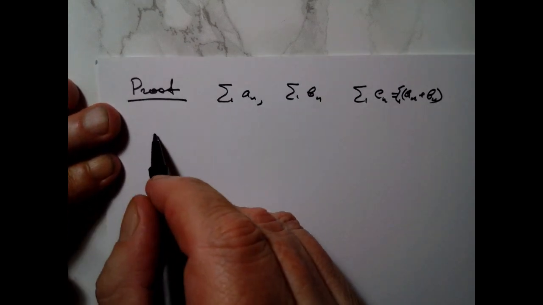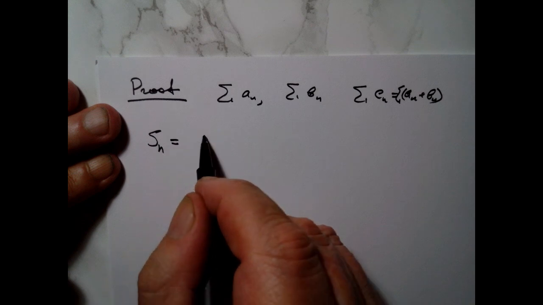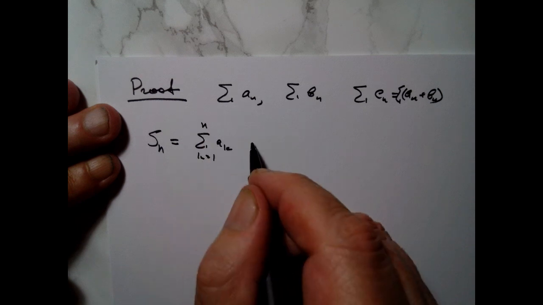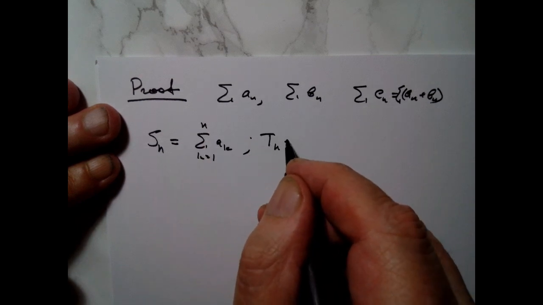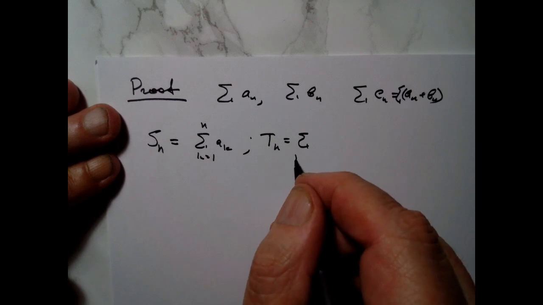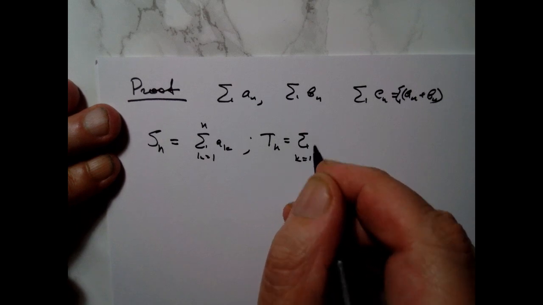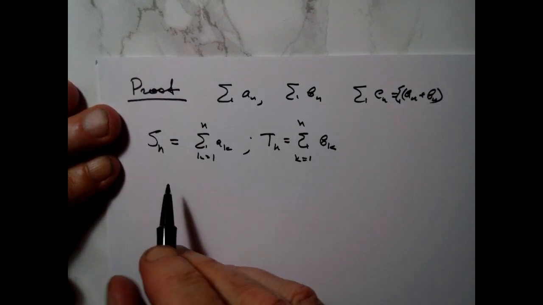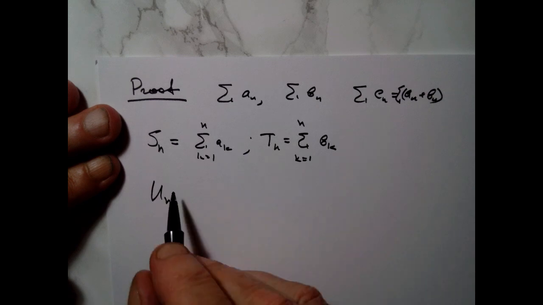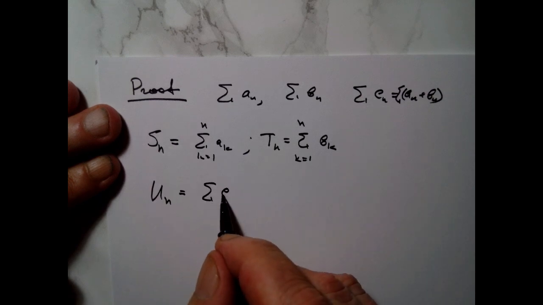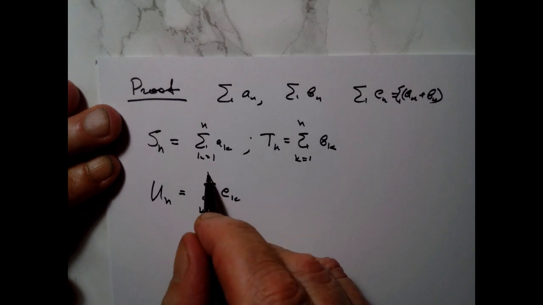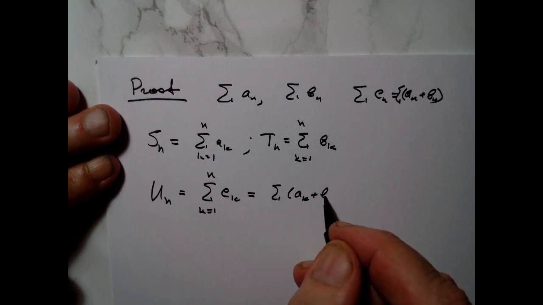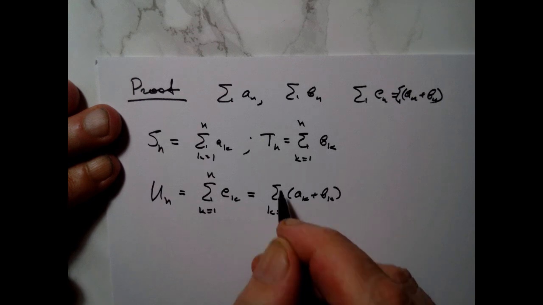So now if I use Sn to denote the partial sum of the first series, the sum of Ak, k from 1 to n, and say Tn to be the partial sums of the second series, the sum of Bk, k from 1 to n, and let's suppose that Un will be the partial sums of this series, the sum of Ck, k from 1 to n. Well, now what is it? This is a sum of Ak plus Bk, k from 1 to n.